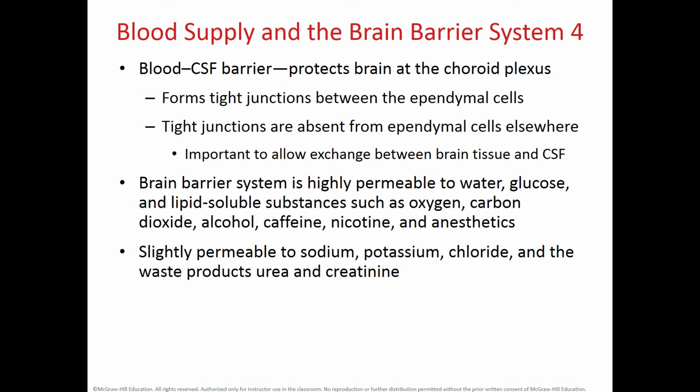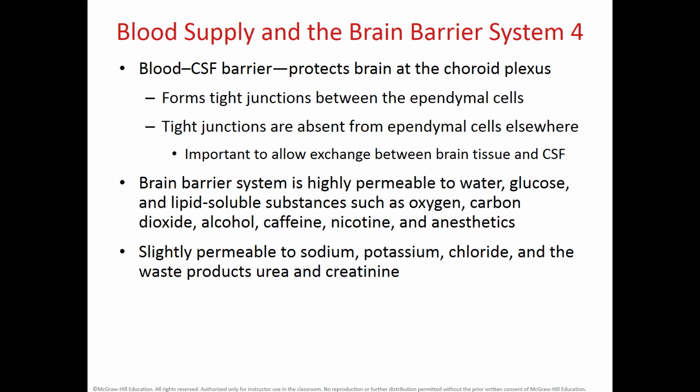Now, we also have the blood-CSF barrier, in which you protect the brain at the choroid plexus. So still you have tight junctions between the ependymal cells of the choroid plexus, and this will be important to allow the exchange between the brain tissue and the CSF.